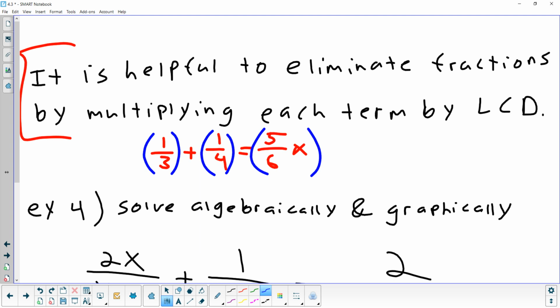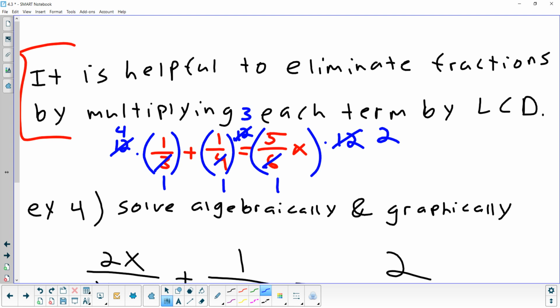So watch what happens if we multiply everything by 12. Times 12, times 12, times 12. 3 goes into itself once, 3 goes into 12 4 times. 4 goes into itself once, 4 goes into 12 3 times. 6 goes into itself once, goes into 12 2 times.